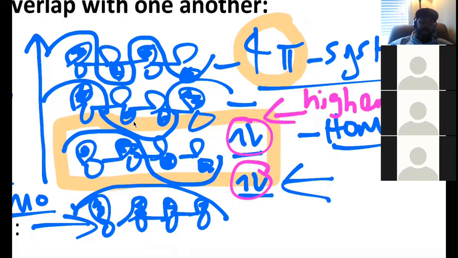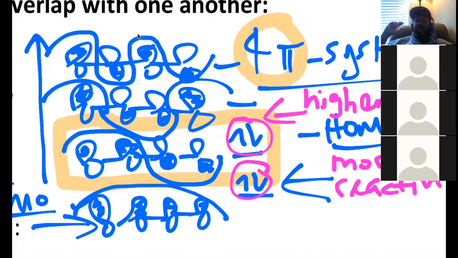Just like in an atom, the valence electrons are higher energy, so they're more reactive. With a molecular orbital type system, it's the same concept. The electrons in this particular molecular orbital is what we call the HOMO, highest occupied molecular orbital.